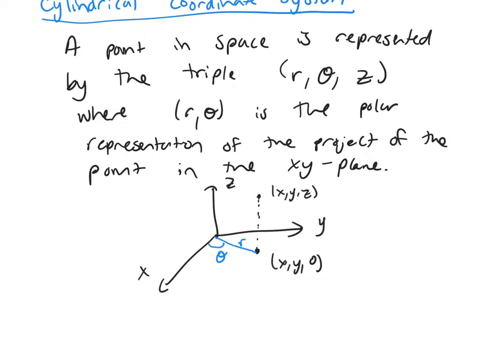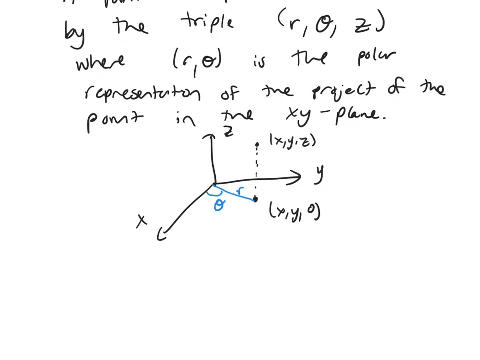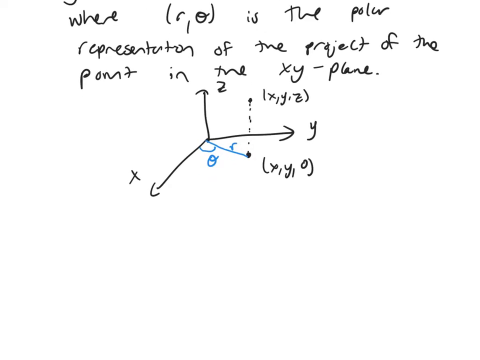So then we have two different coordinate systems, and we need to know how to convert between them. We need to communicate effectively between us. So if somebody's working in cylindrical, somebody's working in rectangular, we need a way of translating those coordinates.